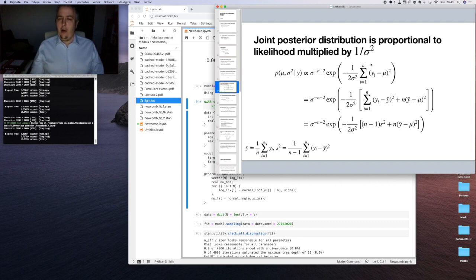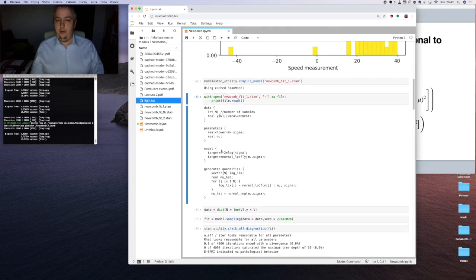So in this case, our exponential sum will be just a sum of normal likelihoods for each of the samples independently, and our prior will be just a logarithm of sigma squared. So it will be -2 times logarithm of sigma.